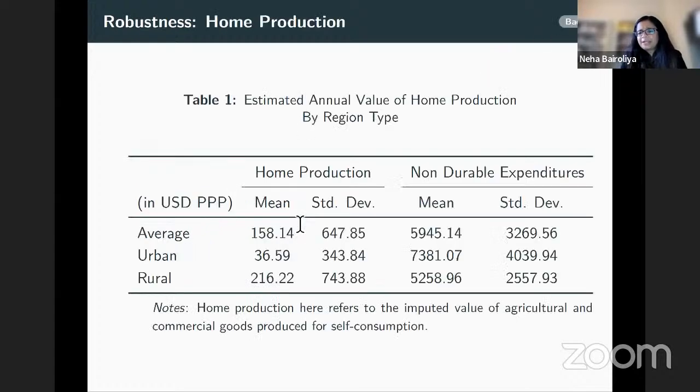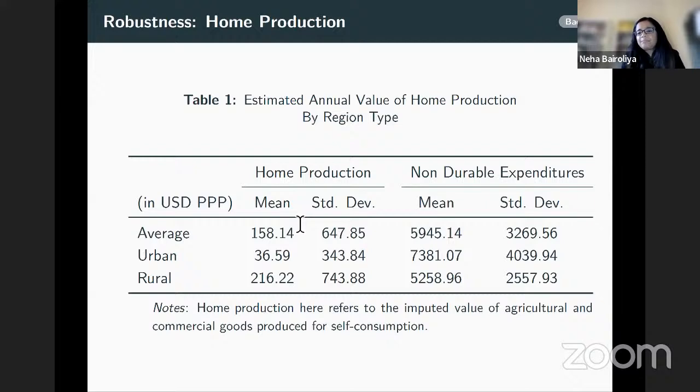While we cannot directly observe this home production, it's very hard to get estimates of home production, the survey reports imputed income, which is really a similar idea as home production. So it reports different types of home production, like, are you borrowing from your own shop? If you have a grocery store, are you borrowing from that grocery store and using that? Because of course that would not be reflected in the expenditures. So there are lots of different measures like that.